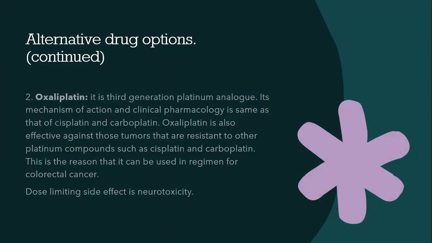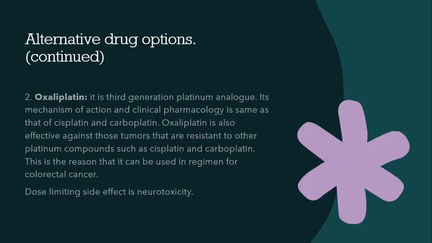Due to this reason, it is also used in regimens against colorectal cancer. But one major side effect shown by oxaliplatin is neurotoxicity, and we have to limit the dose if neurotoxicity is observed in patients.